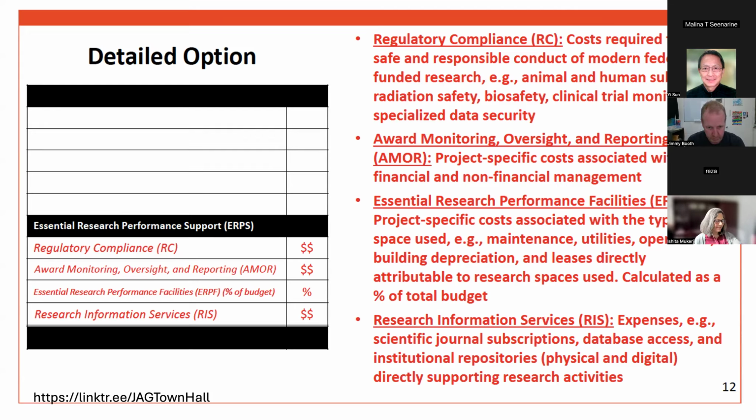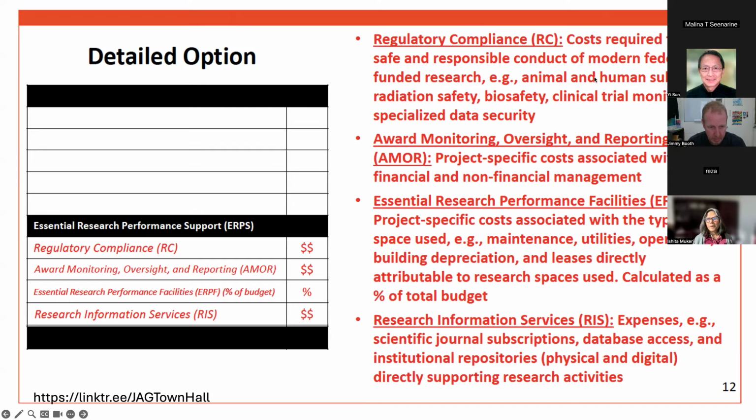I think we will not do the budget because we're running out of time today. So we'll just stick with this FAIR model and talk about it for a second. So again, when we're thinking about these costs, when we talked about regulatory compliance, these are the costs associated with conducting federally funded research.